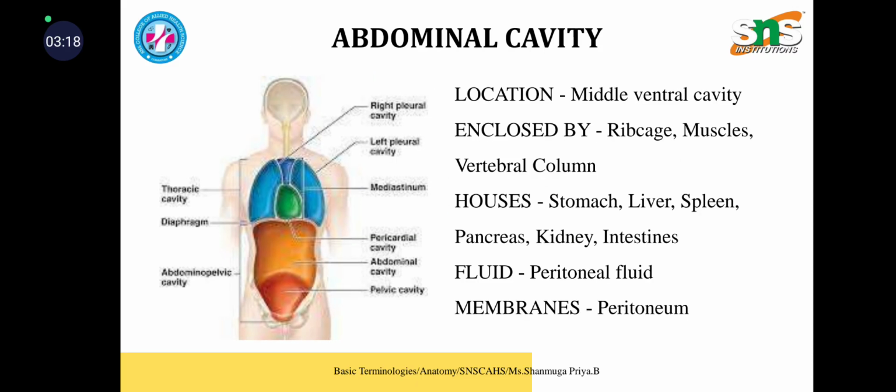Abdominal cavity. Location: middle ventral cavity. It is enclosed by the ribcage, muscles and vertebral column. It houses the stomach, liver, spleen, pancreas, kidney and intestines. Fluid: peritoneal fluid. Membrane is peritoneum.